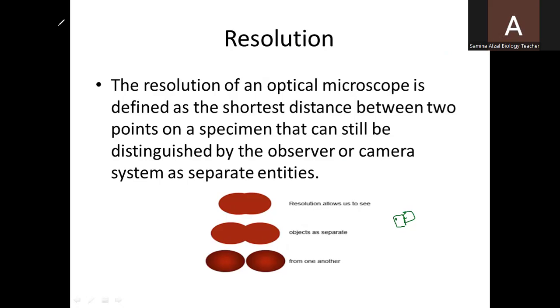But if the microscope has higher resolution, then even if they are very close to each other, they will be shown as different dots or different cells. They are very close, almost joined together, but still there is a shortest distance between them, due to which we can observe them as 2 different cells. So in this way, the resolution of the electron microscope is always higher than the light microscope.